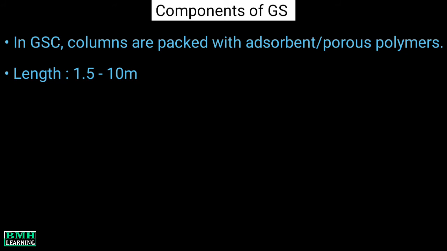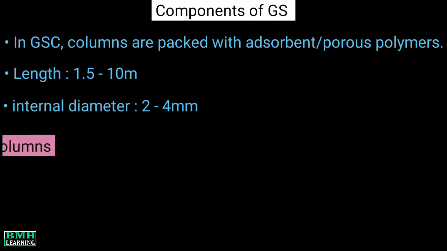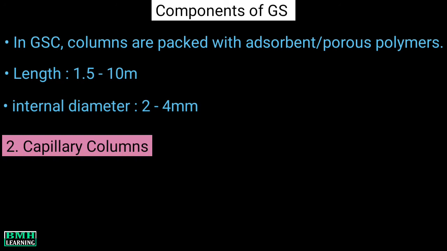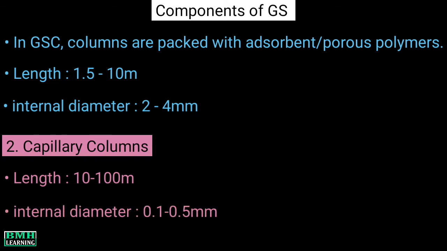Length of these columns is 1.5 to 10 meter, and internal diameter is 2 to 4 millimeter. Second type of columns are capillary columns. The length generally ranges from 10 to 100 meter, and inner diameter is generally 0.1 to 0.5 millimeter.